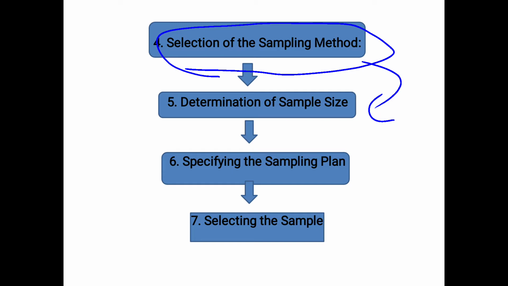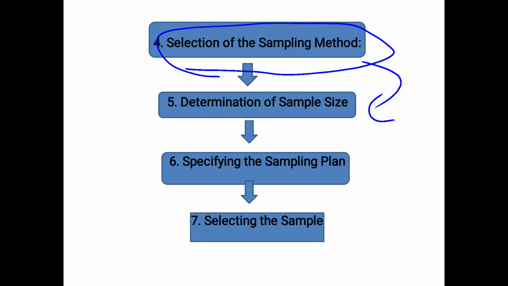Sample size determination depends on many factors. There are factors which affect the sample size, for example time, cost, facility, etc. All these points are taken into account while deciding about the sample size.